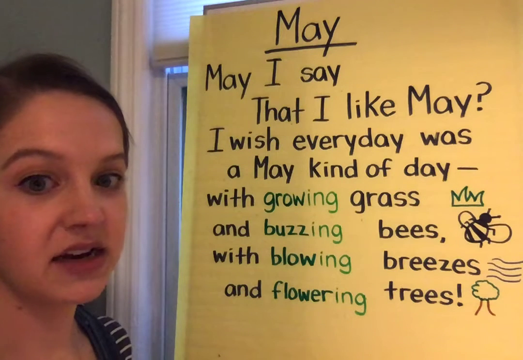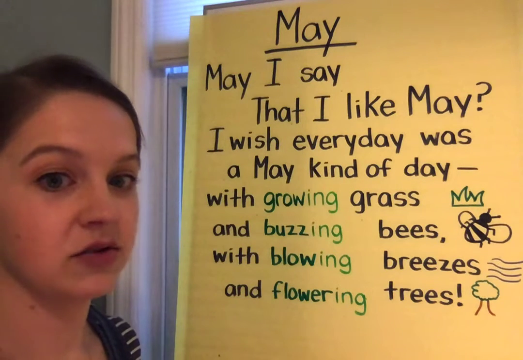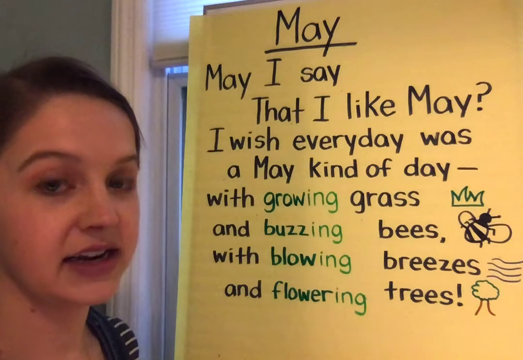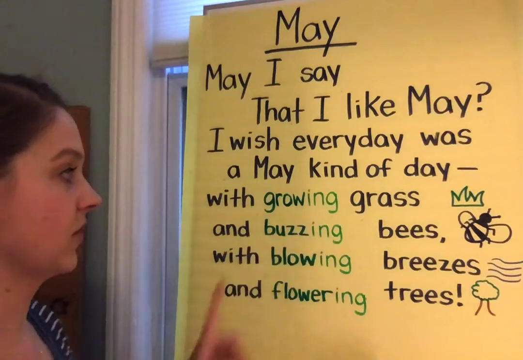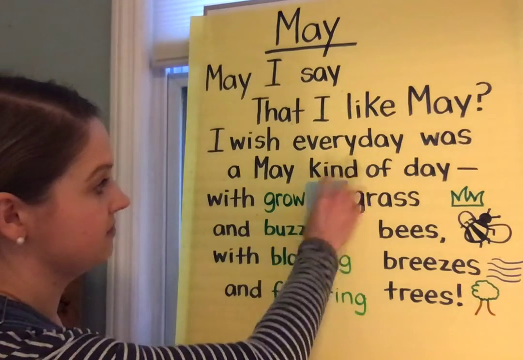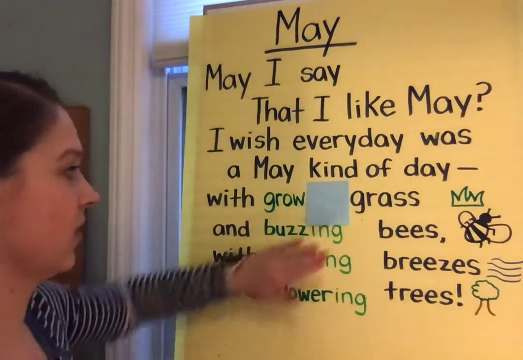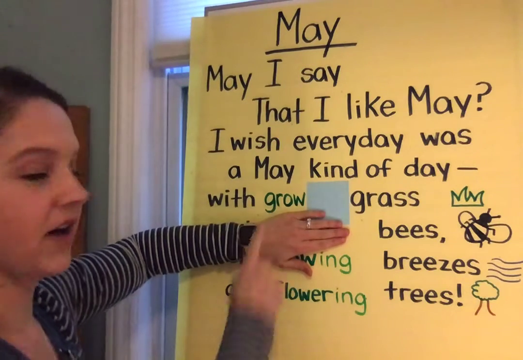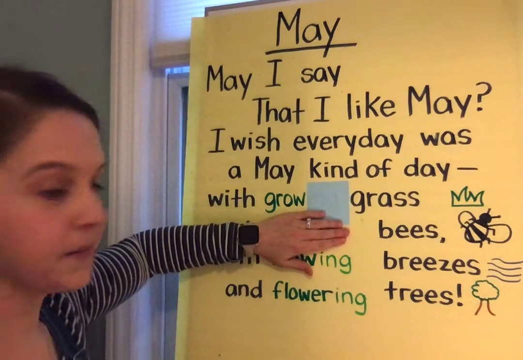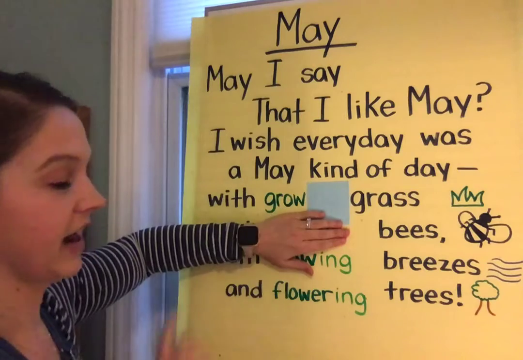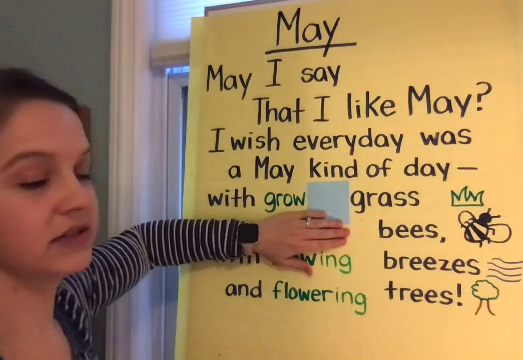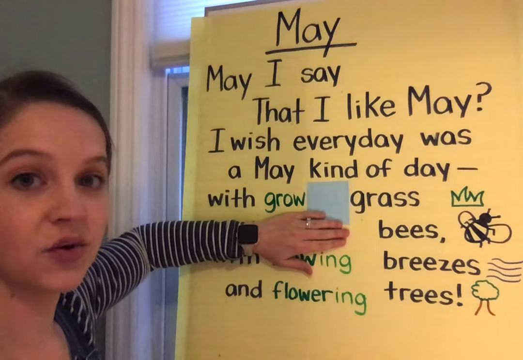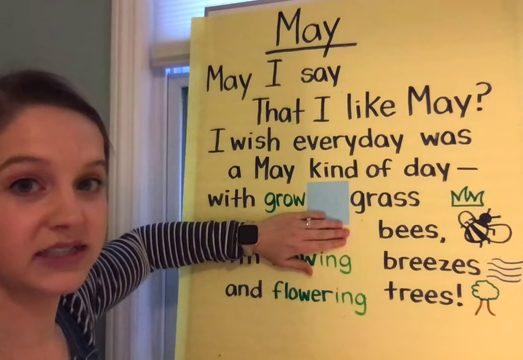Before we read the beginning of the poem, let's zoom in first on those 4 words with ing endings at the end. Let's take a look at this word first. So I'm going to use my sticky paper to cover up the ending of this word. And we're going to work on figuring out just the beginning chunk. This beginning chunk has a vowel team at the end. When O and W stand together in this word, it's going to make the long O sound.